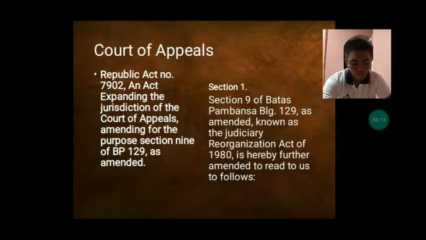Also in actions to prevent or restrain violations of the law concerning monopolies and combinations in restraint of trade.